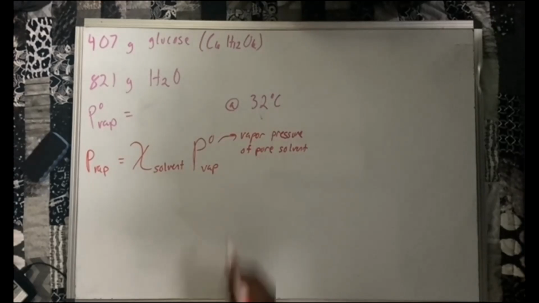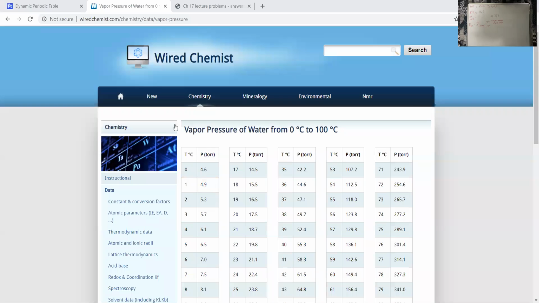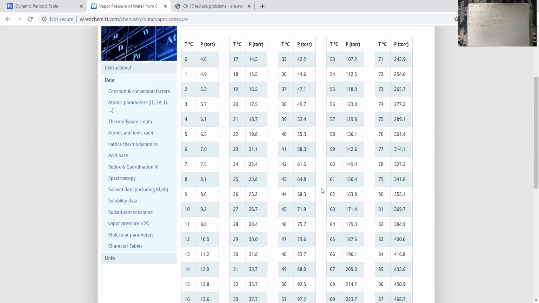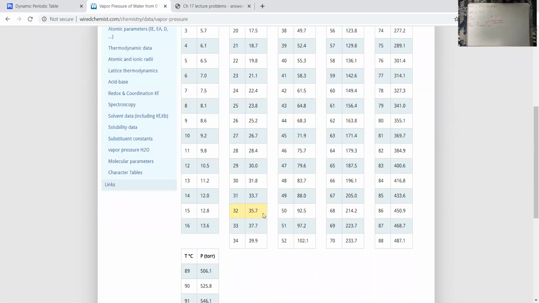It wasn't given to us in the question, but he'll give it to you if you need it. Probably just forgot about it, but I'll show you where I got it from so you know I'm not just making it up. Right here's a nice little vapor pressure chart in torr. So we go down to 32 degrees right here, and we see it's 35.7 torr.